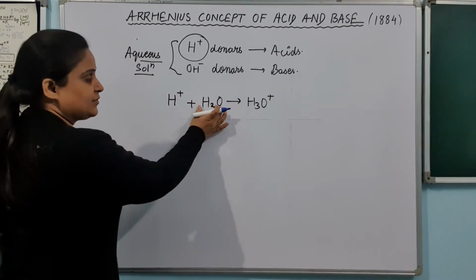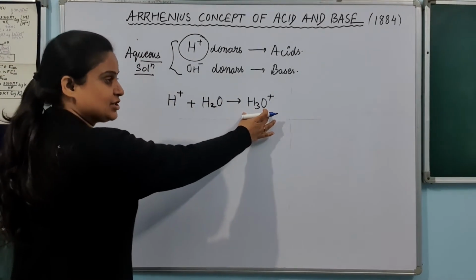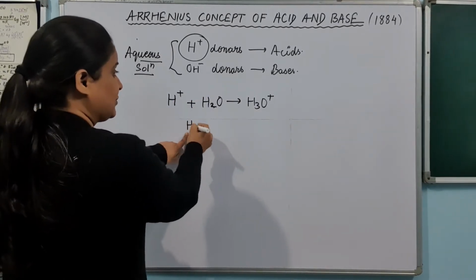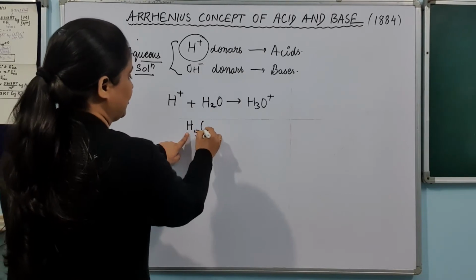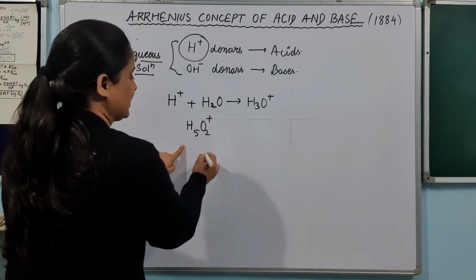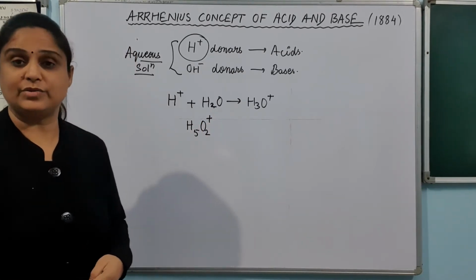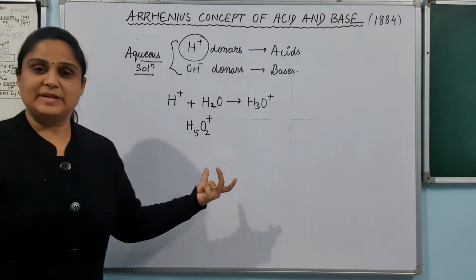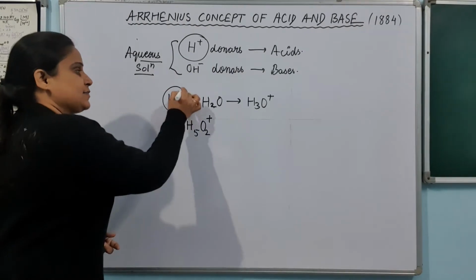When it combines with one molecule of water, it forms H3O plus. It can combine with two molecules of water to form H5O2 plus ion, and it can combine with three molecules of water also. So for the sake of simplicity, we are using only H plus ion.